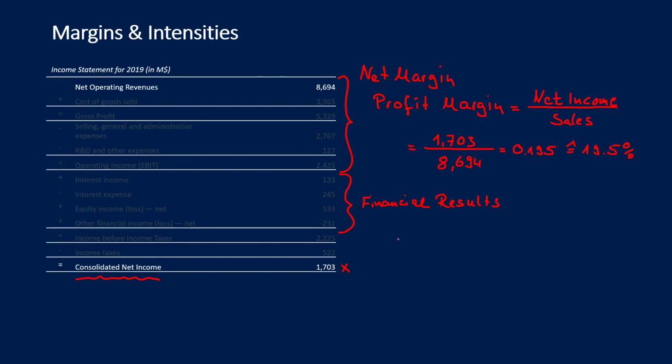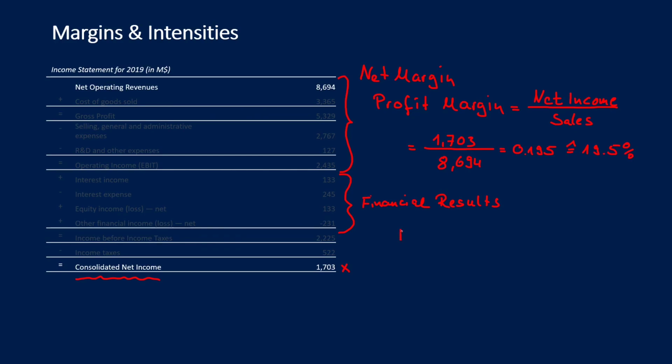Sometimes we see companies that do not earn a single dollar operating income, but earn a lot with investing money. So the consolidated net income is the result of both operating and financial business. And what we all might have learned in our first semesters, it underlies the leverage effect.